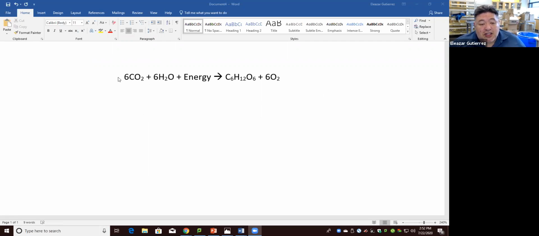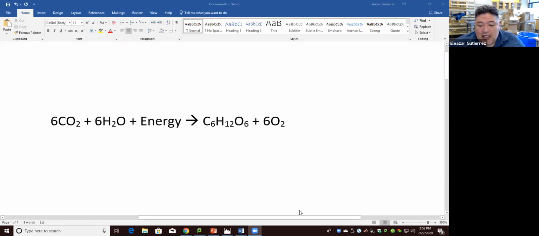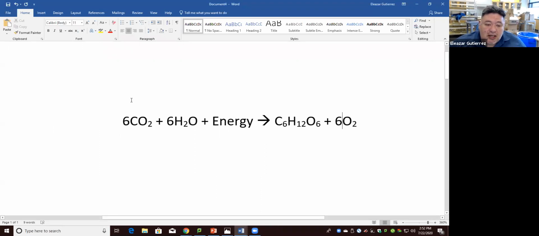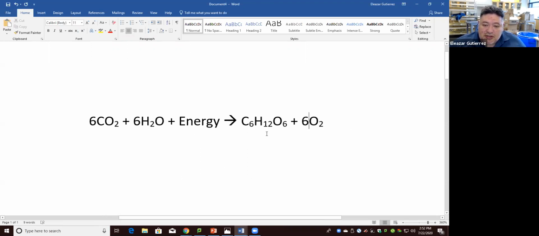Okay, what does it do? It takes carbon dioxide. Let me make this nice and big so you can see it. It takes carbon dioxide plus water plus energy from the sun, and the plant produces sugar, glucose, and oxygen.